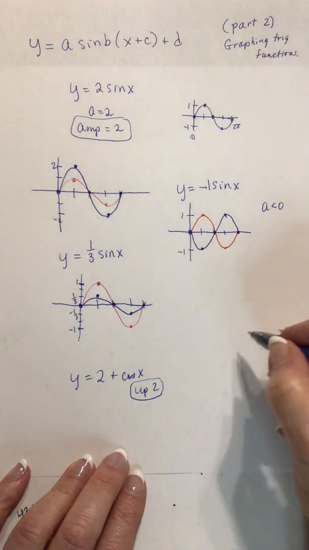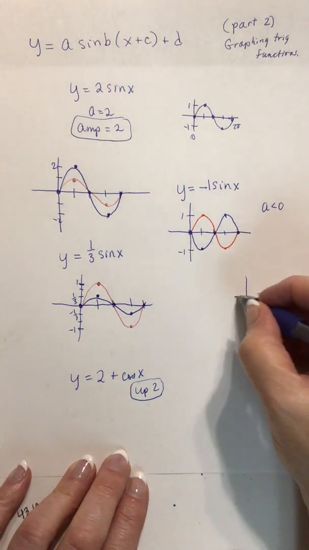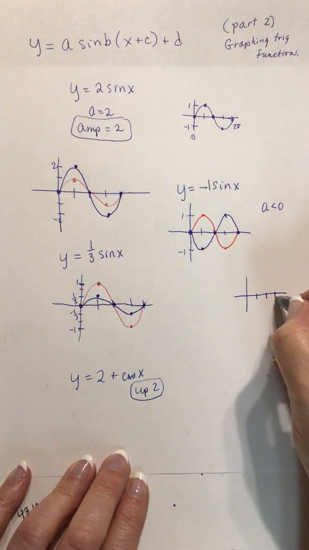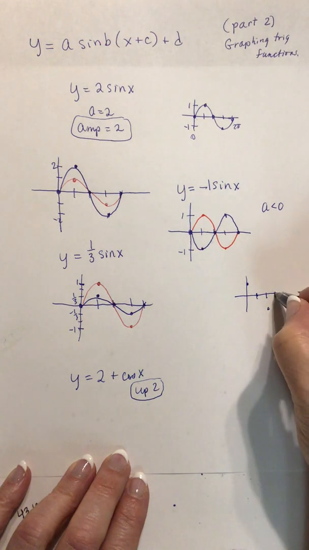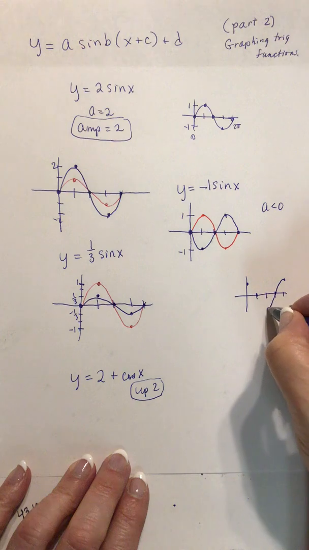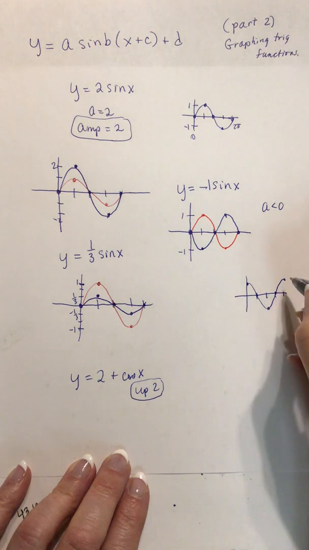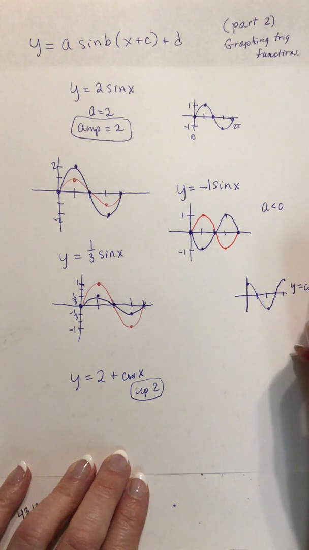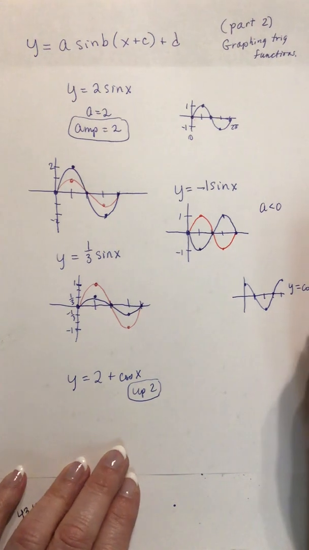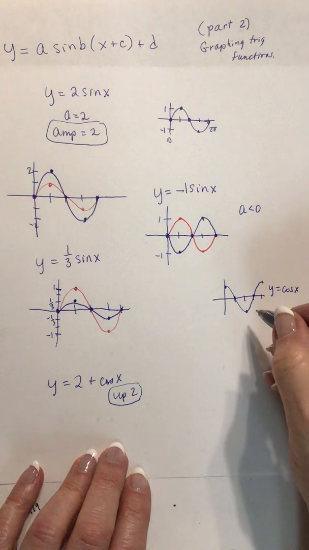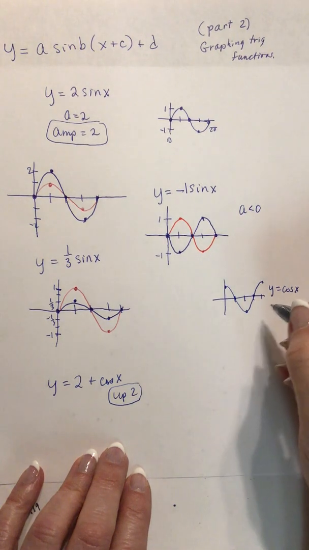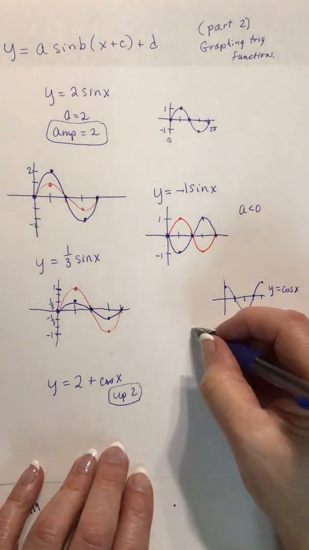So we start with our basic cosine graph, which we know looks like this. So this is y equals cosine x, and that's the one that we did with the different basic graph. So now we're going to do the same kind of idea, but this one's got a d involved.